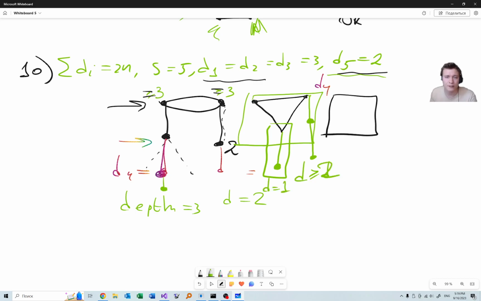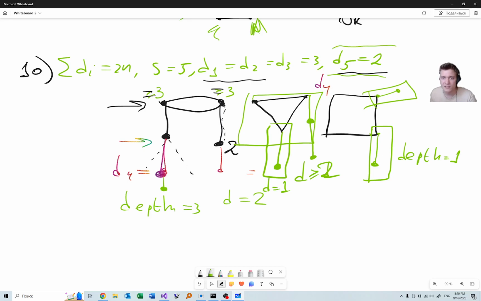And finally the square is the same kind of consideration. So there should be a vertex which has no children but leaves, so the depth is 1. And some other vertex has to have a vertex of degree at least 2 as a child, because d5 is 2.